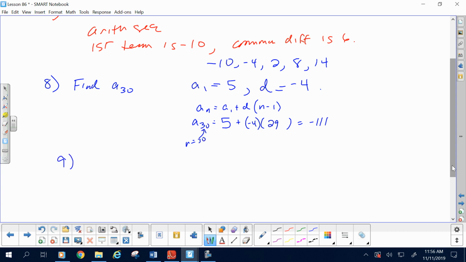Number 9. Insert 3 arithmetic means between 3 and negative 13.